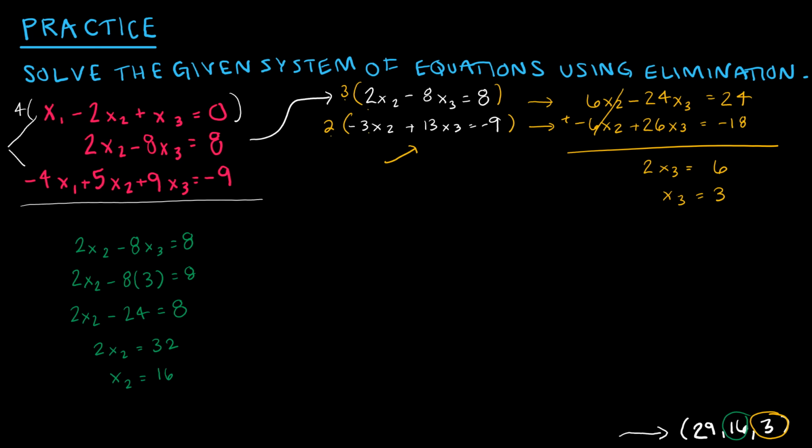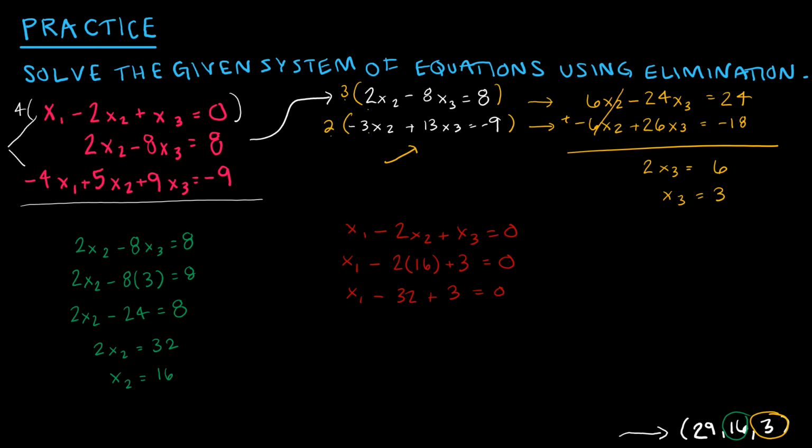And then I'm going to finish it out with taking both 3 and 16 and plugging it back in somewhere. So I'm going to choose that first equation, x1 minus 2x2 plus x3 equals 0. I'm going to replace x2 with 16, x3 with 3. I get x1 minus 32 plus 3 equals 0.